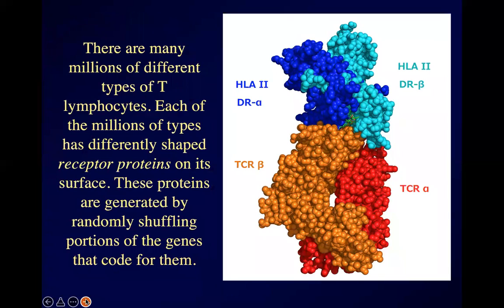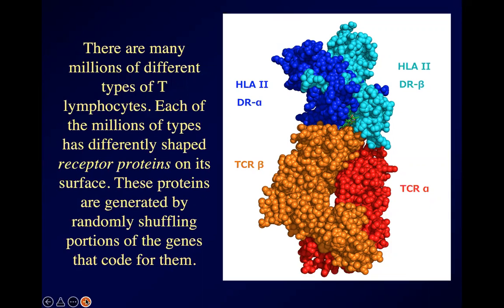And I wish I had more time to go into this because this is really cool. But when your T lymphocytes are being formed, or the cells that become your T lymphocytes, when you're still an embryo, something happens that doesn't happen anywhere else. Almost all of your cells have the same DNA that the fertilized egg that you came from had. What happens is that different types of cells, the DNA that they're not going to need gets shut down.